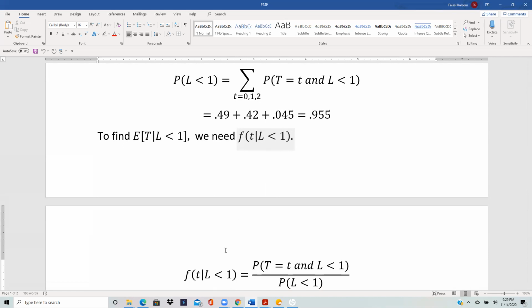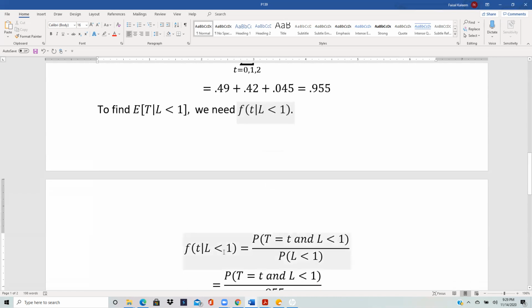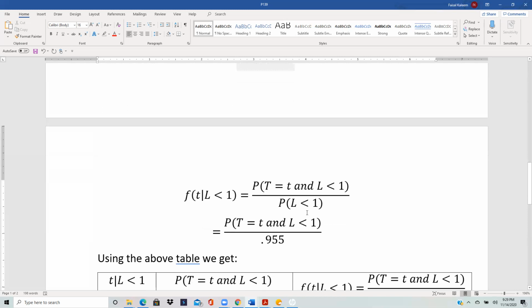For f(t) given loss is less than 1, we use our basic formula: the probability of T equals t and loss less than 1, divided by the probability of loss less than 1. That is the reason why we needed the probability of loss less than 1, which we calculated to be 0.955. And so we substitute this 0.955.